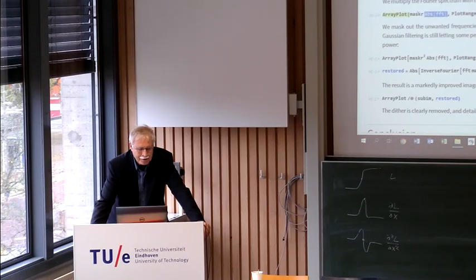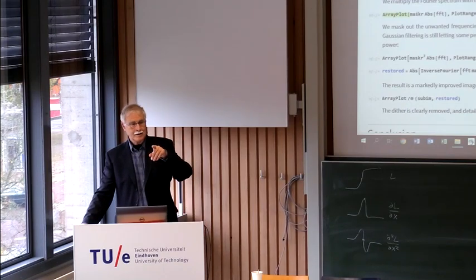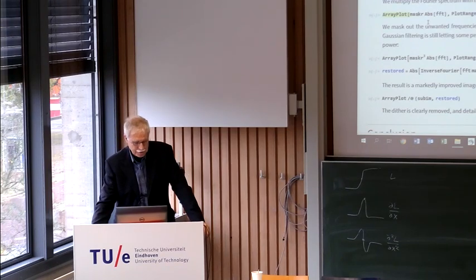This is what I do. You remember that convolution in the spatial domain is multiplication in the Fourier domain. So now I do a multiplication in the Fourier domain. The space in between is important. It's just the multiplication: the mask times the FFT, and I take the absolute values.